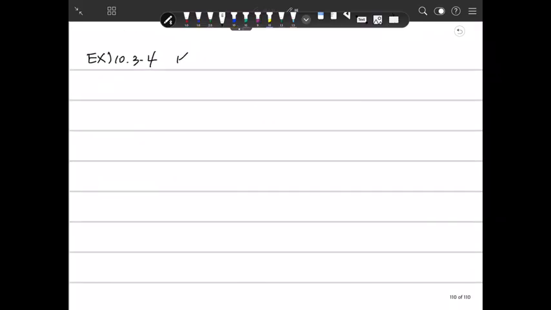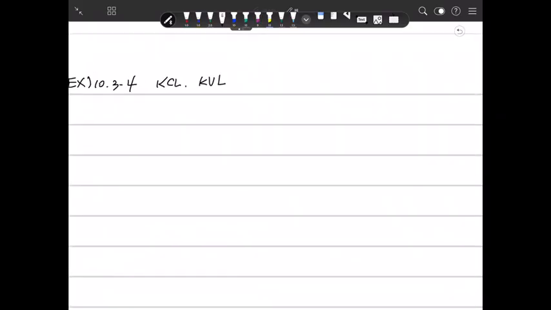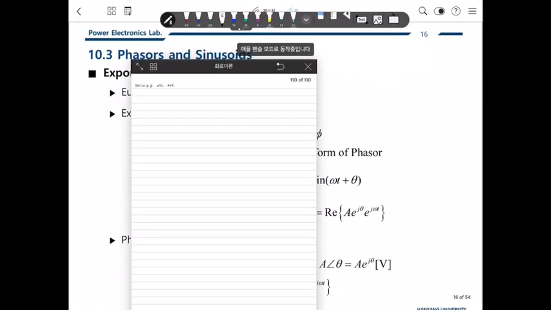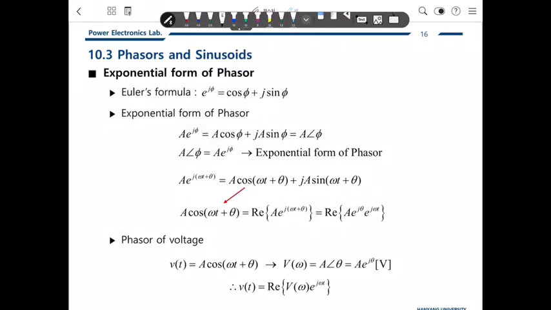So we can use KCL and KVL for AC circuits.